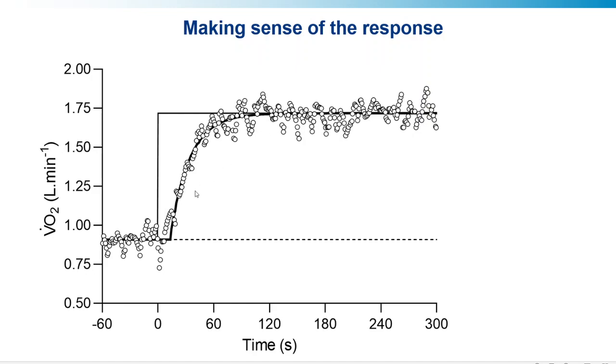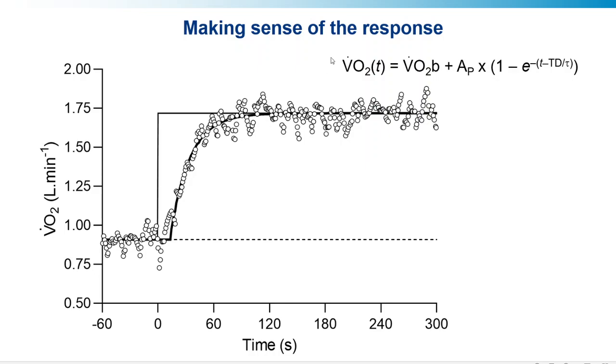So the way we fit these data is with the following equation, which says that VO2 at any time after exercise onset is equal to the baseline VO2 plus the primary amplitude, which is the distance between this dotted line and this solid line in the steady state, multiplied by a mono-exponential function. And this mono-exponential function includes the time delay, which you see here, and the time constant. Now you can't see the time constant, but that characterizes how rapidly the curve rises.